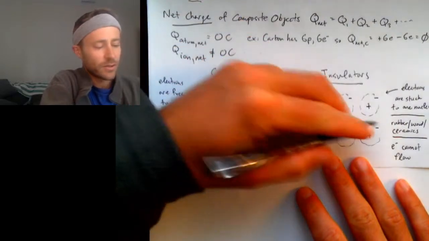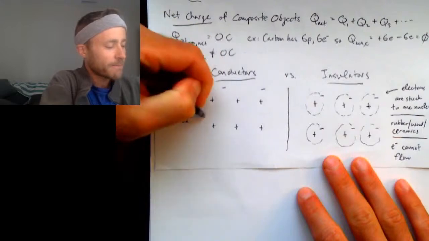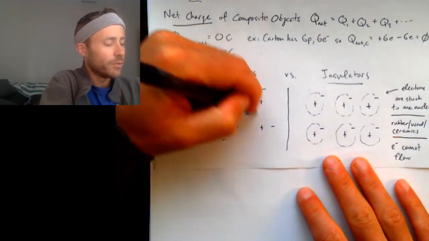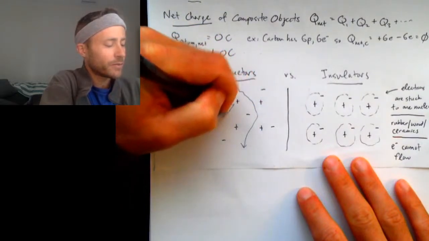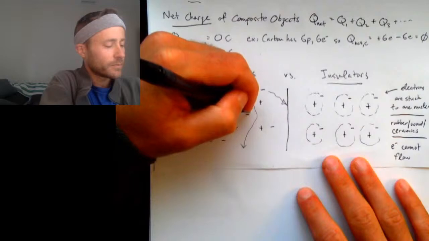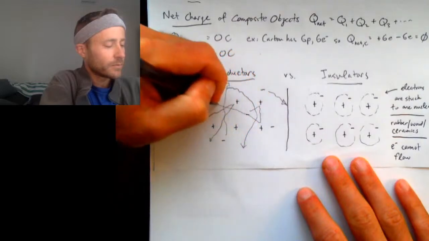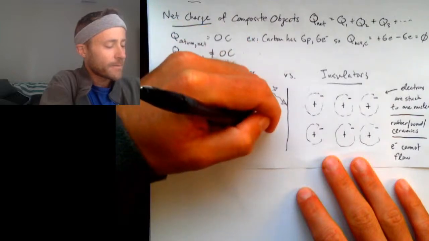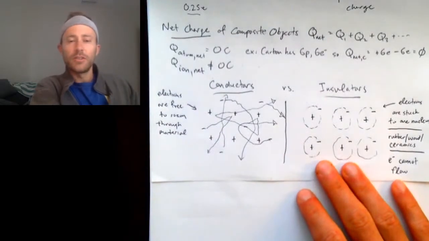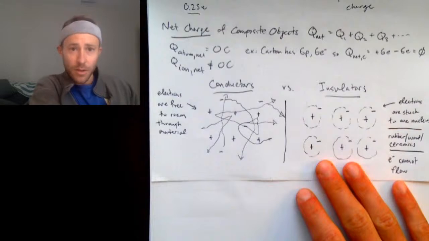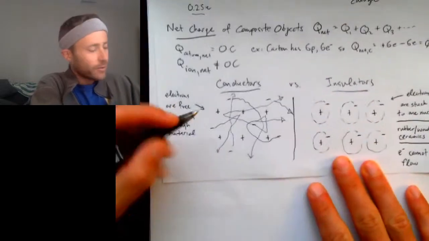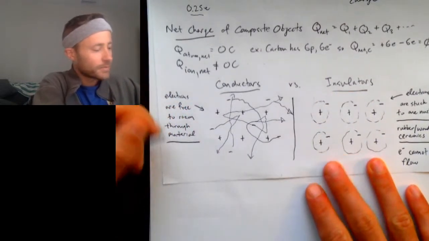So here I had 6 electrons, here I have 6 electrons. These electrons are just moving around. They're bumping into stuff. They are going all over the place. Okay, so these electrons are free to roam wherever they want to go. And so electrons can flow for a conductor.